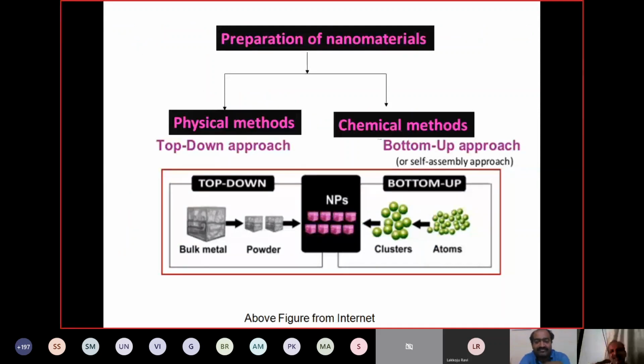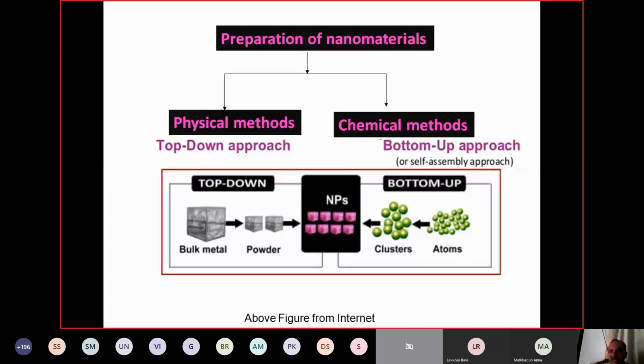Coming to the second method, the chemical method, we call that a bottom-up approach.